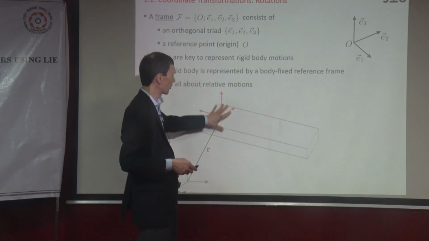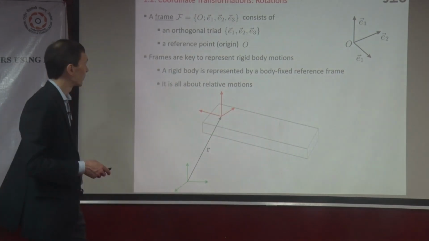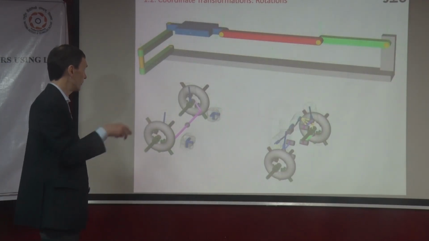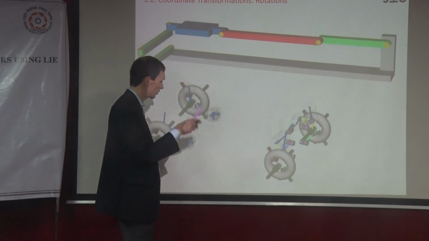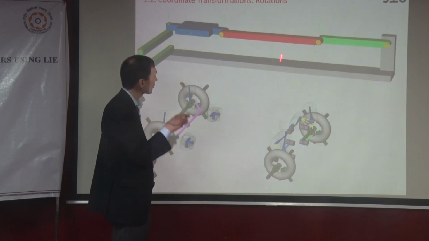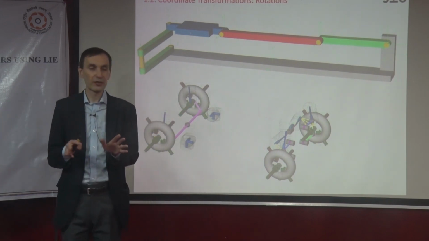And just to show you, that was for one single frame, right? One frame attached to one single rigid body is nice, but if you look at these multi-body systems, this is a part of a car chassis. If you look carefully, unfortunately it's not so easy to see, there are so many frames in here. Kinematics is all about frames.